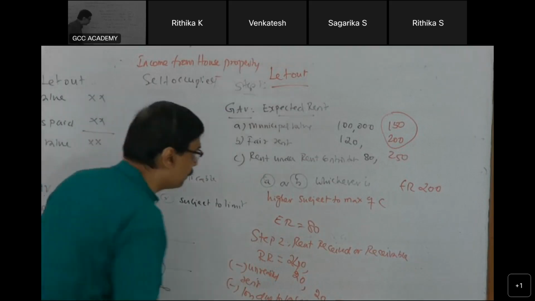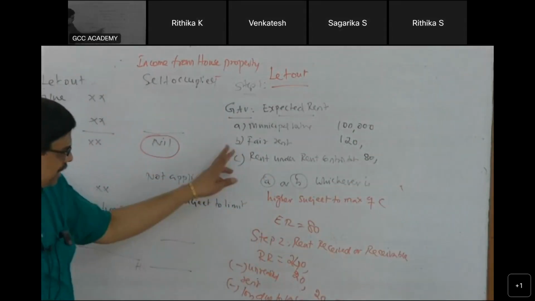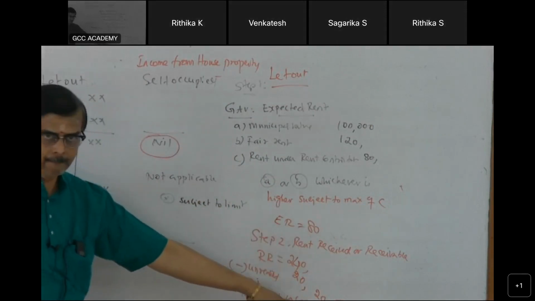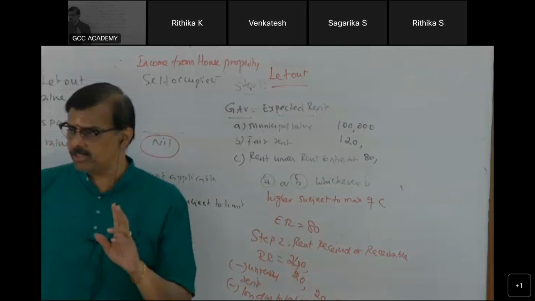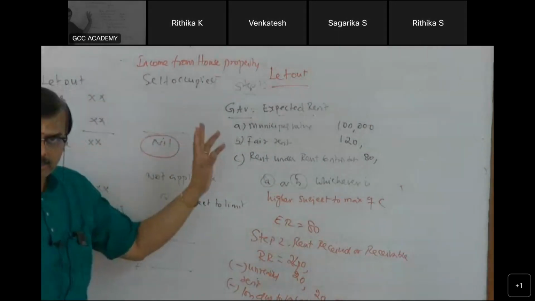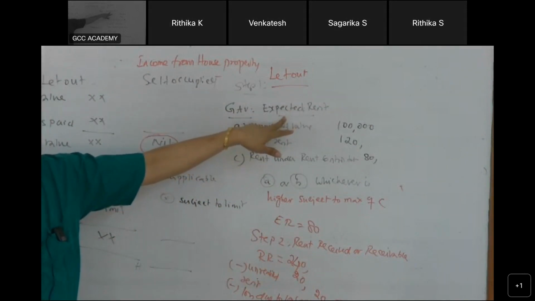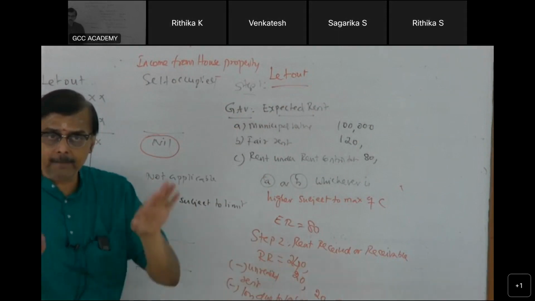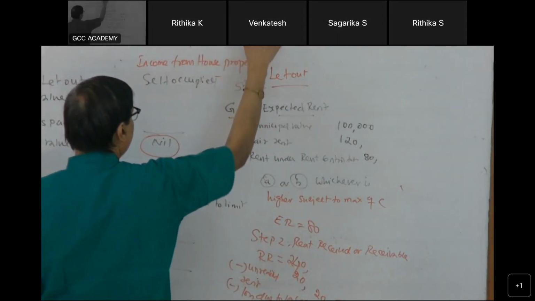Now, இந்த கேஸ் எடுத்துக்கிறேன். முதல் கேஸ்ல ER என்ன? 80. RR என்ன? 200. My dear students, carefully observe. Online students, I hope you are following this. Step 1, determination of GAV. Under that, calculate expected rent. Step 2, calculate rent received or receivable. Then compare.